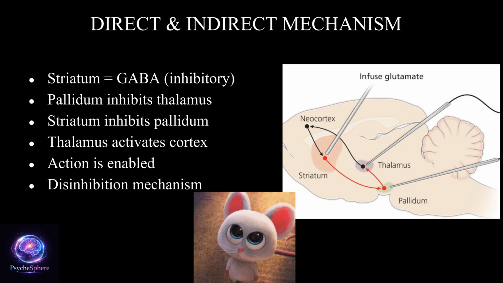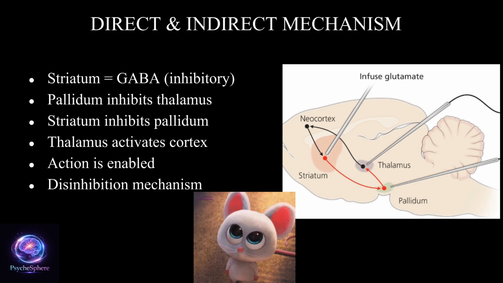Now, here's what's happening when the striatum becomes active. The striatum sends inhibitory signals to the pallidum, which means the pallidum gets turned off. And when the pallidum is turned off, it stops inhibiting the thalamus. So now the thalamus is free. It becomes active and sends excitatory signals back to the cortex, and that leads to movement.